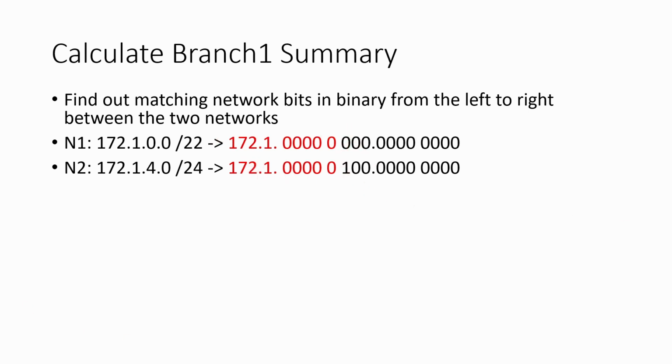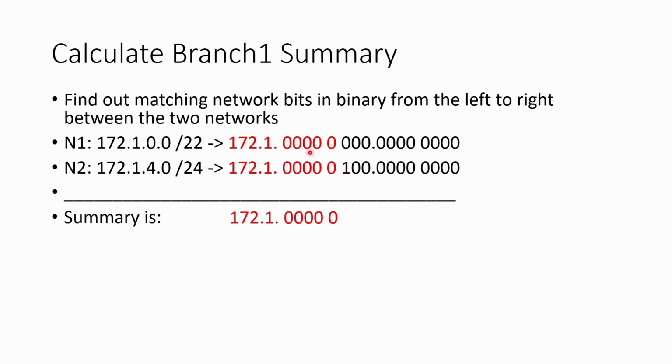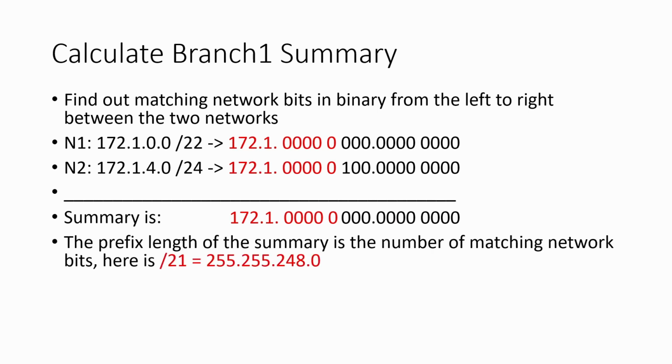So the left side matching bits highlighted in red are the network ID for the summary. Then we simply copy the left side matching network bits to the result line, and reset the rest of the bits to 0. That gives us the summary network address. Then for the network prefix length, simply count the number of matching network bits.